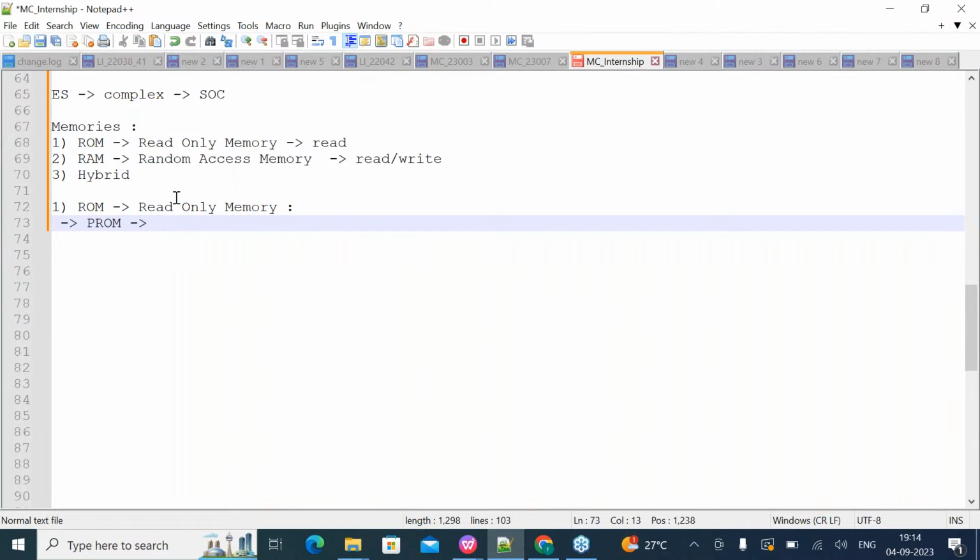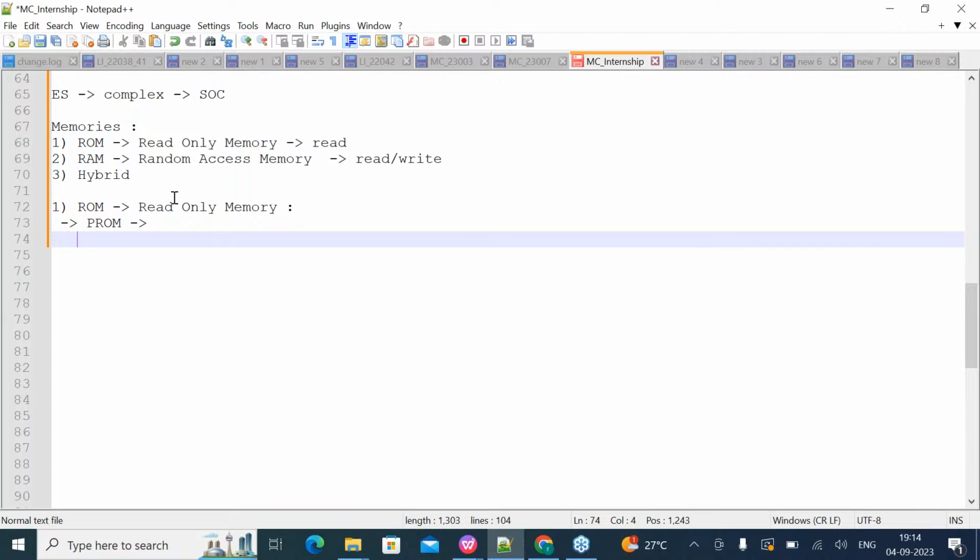Programmable read only memory, right? Usually this memory is factory programmed. But if needed, you can program this memory. How many times can you program this memory? PROM, you can program just one time.